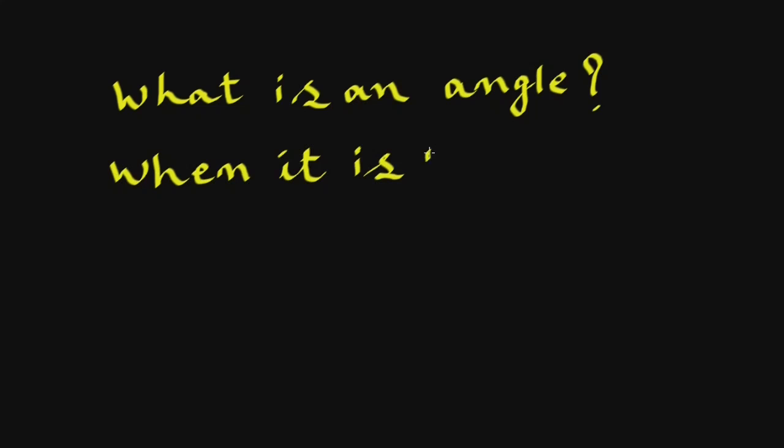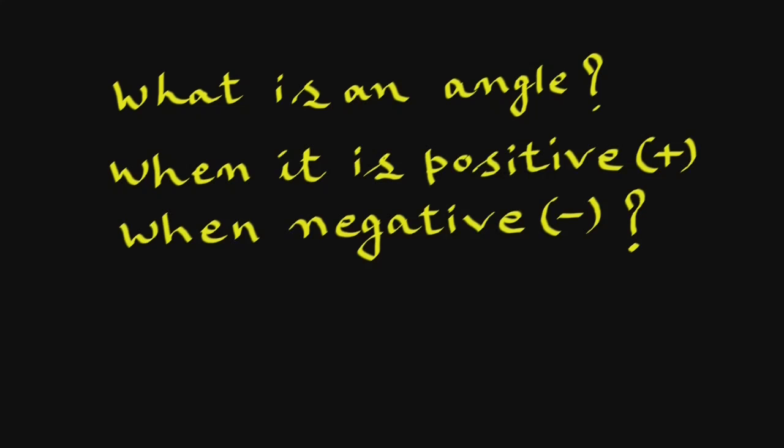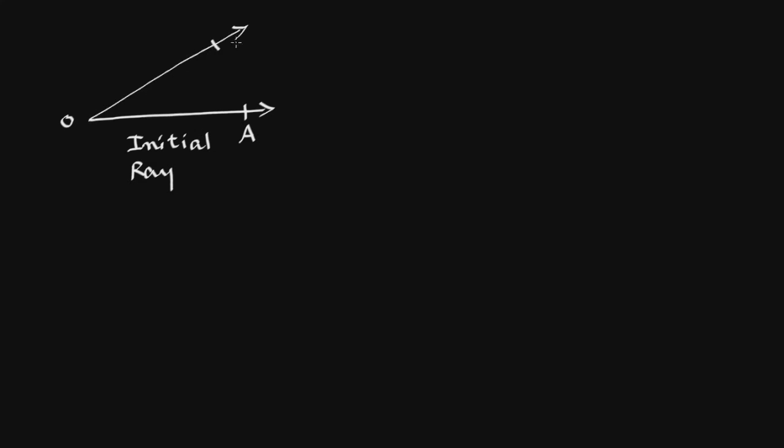We will see what is an angle, when it is positive and when negative. To understand an angle, let us draw a ray OA known as initial ray. Rotate ray OA about its initial point in anticlockwise direction to take a new position OB.